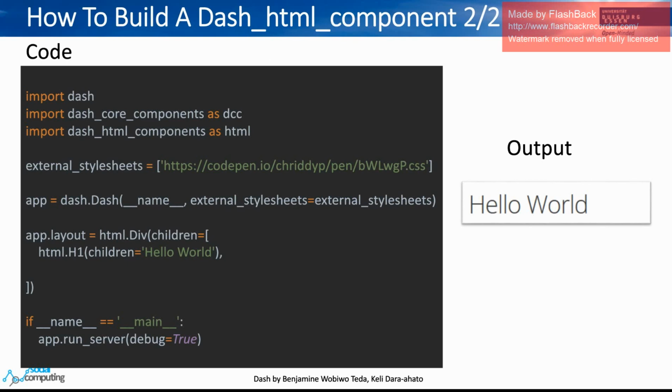Now that we've learned a bit about the HTML components, we will turn to the second type of component that helps us build the layout of our Dash app, the Dash core components.